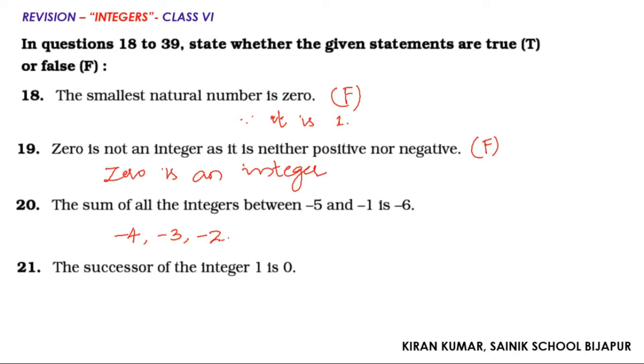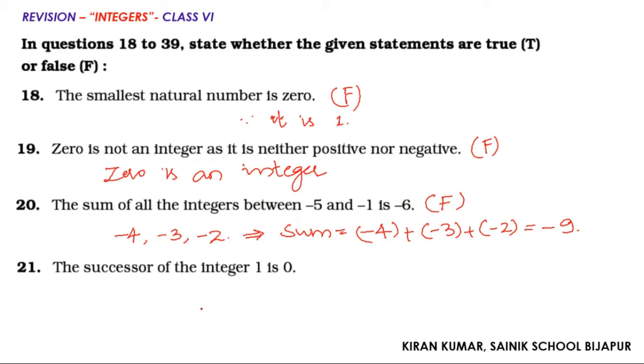So totally there are 3 numbers and their sum will be equal to -4 added to -3 added to -2, and the sum becomes -9. It won't be -6. So this statement is false.